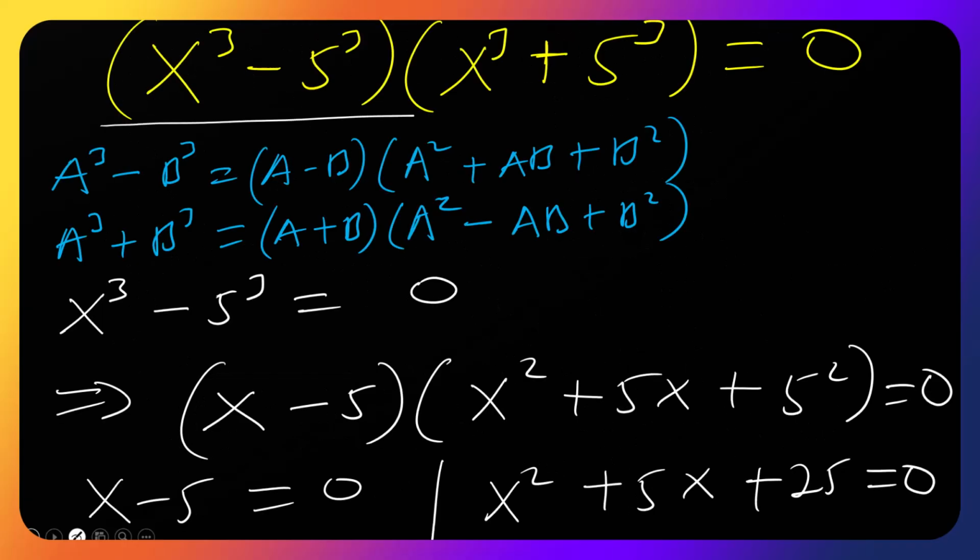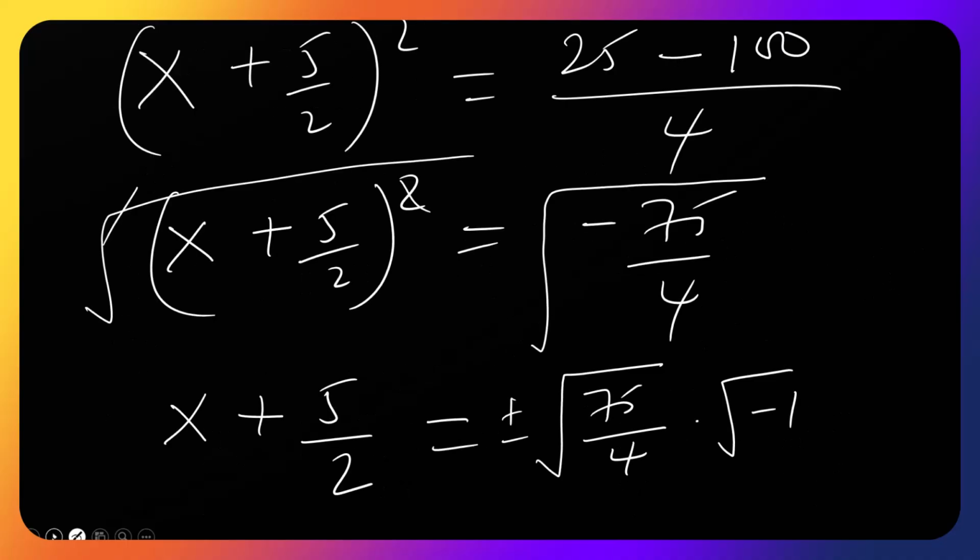So we are done with this one. Let's pick the opposite, the plus. So that will be x cubed plus 5 cubed equals 0. Now from here, remember the identity.